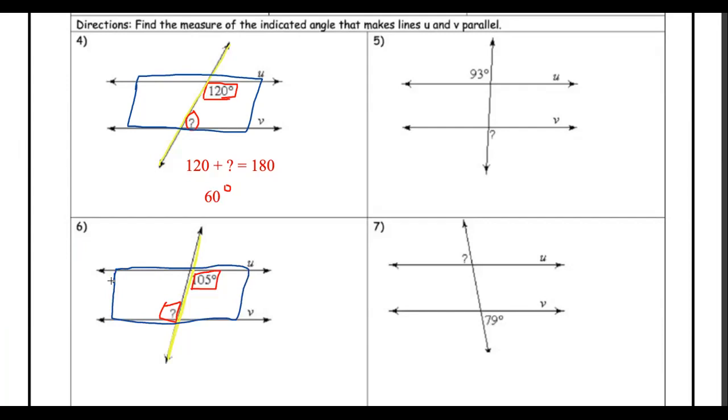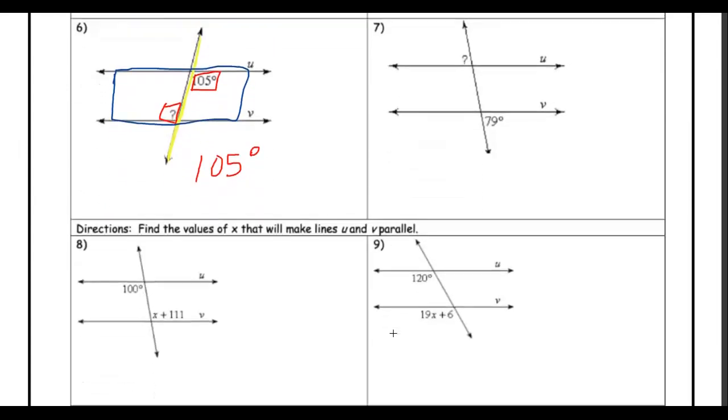And now that I've followed my strategy, it is clear to me that these 2 angles are alternate interior angles, okay? And then we also know in order for the lines to be parallel, alternate interior angles have to be congruent. They have to be equal to each other. And so the question mark is just going to be 105 degrees. Okay, as our answer for number 6.